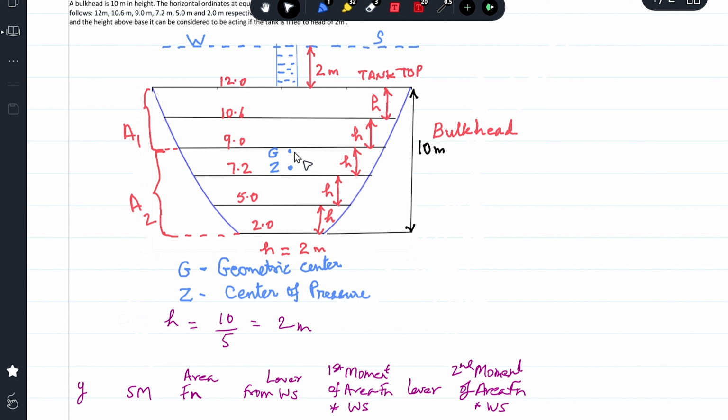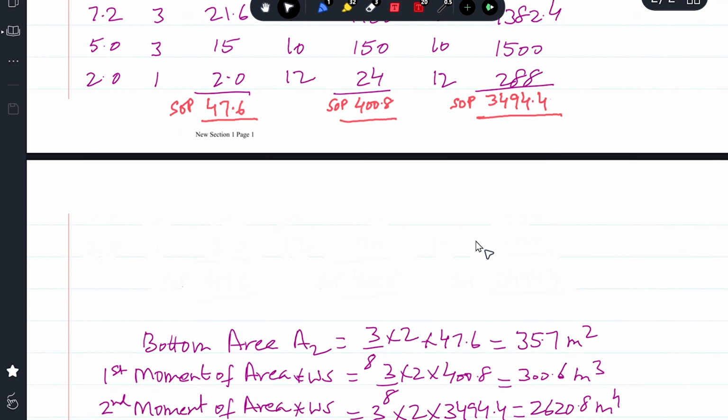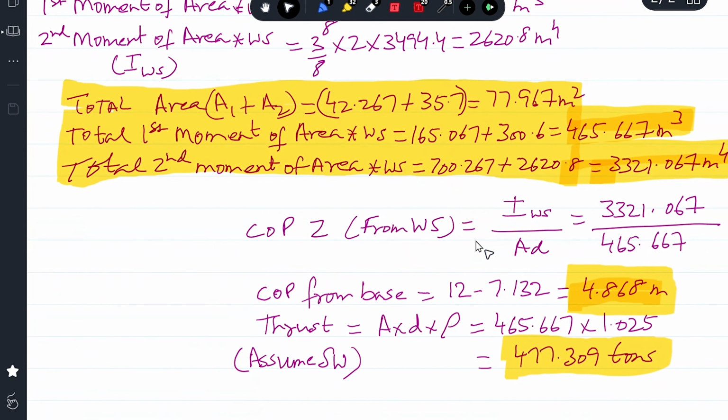Then apply the parallel axis theorem again and get moment of inertia about water surface, 2 times. It's longer, but exactly the same answer to the 3 decimal place comes. So the clever thing to do is take the moments from the water surface. You will save time and the calculations will also be accurate. Answer will be absolutely correct.